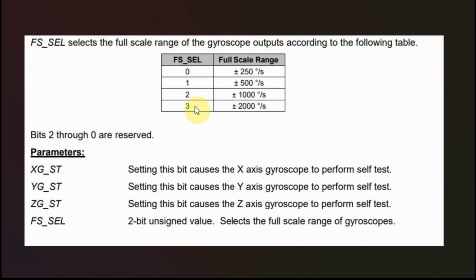And of those 4 settings, we have a degree per second range of plus or minus 250, plus or minus 500, plus or minus 1,000, or plus or minus 2,000. And that's the number of degrees per second that we register on the device. And I set it to 1, 0, which is 2 in binary. So I'm doing the plus or minus 1,000 degrees per second.